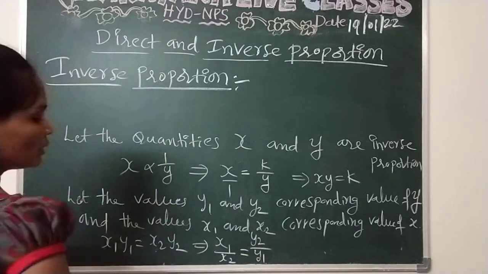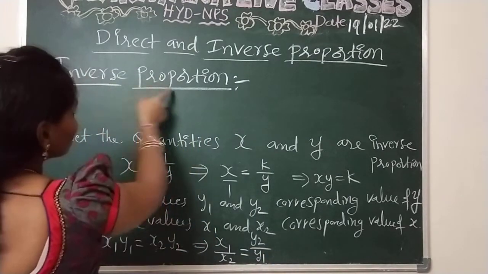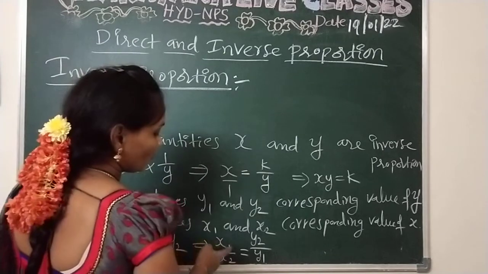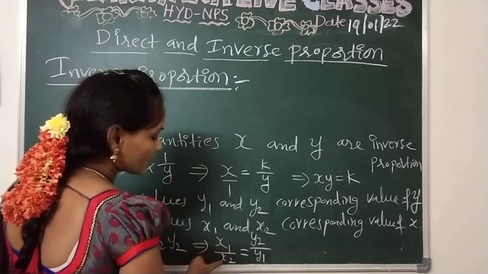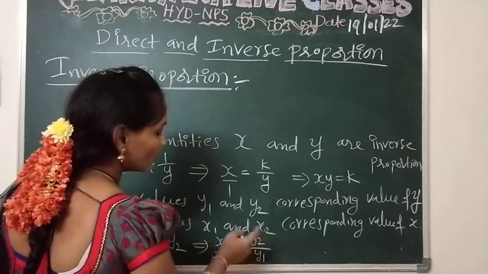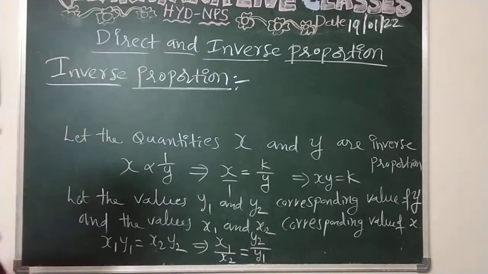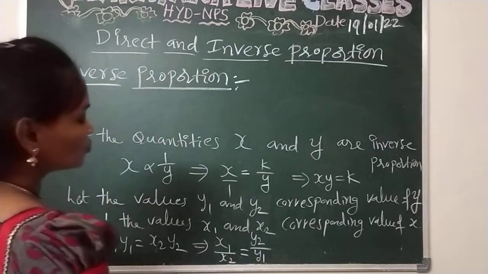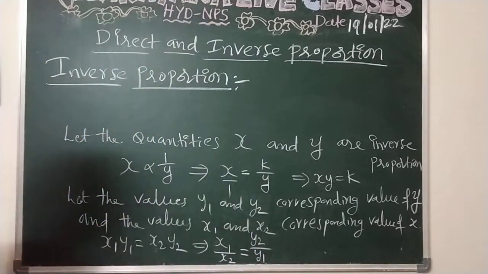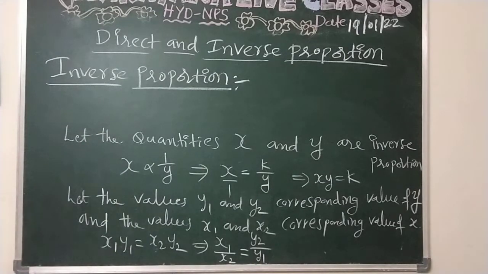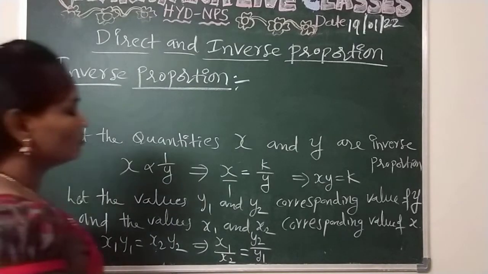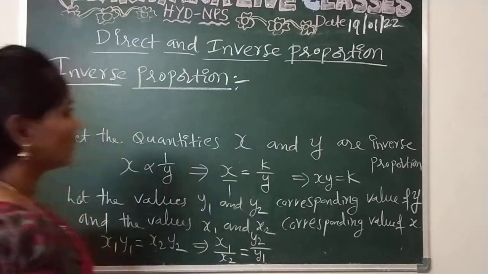So the inverse proportion formula is x1 by x2 is equal to y2 by y1. If they give two values, x1 y1 and x2 y2, we should use this formula.